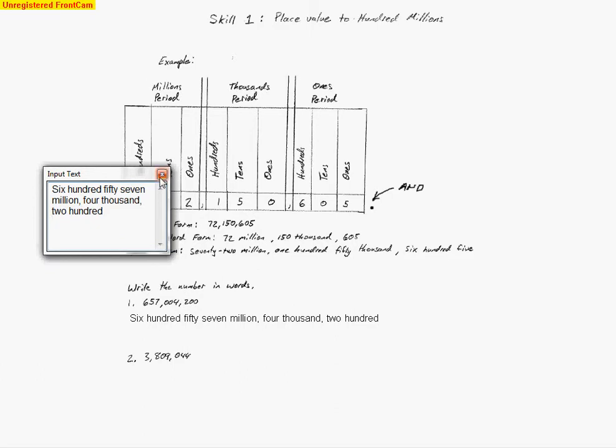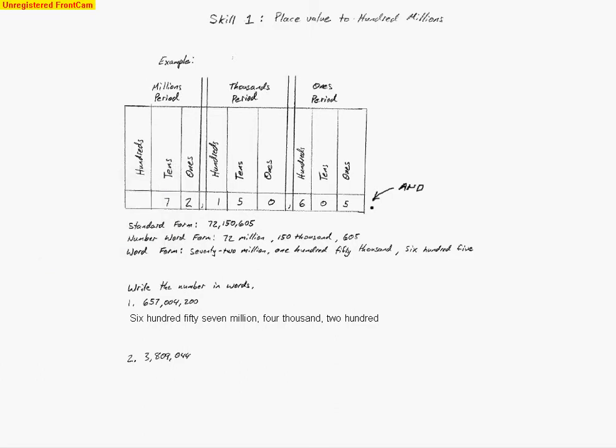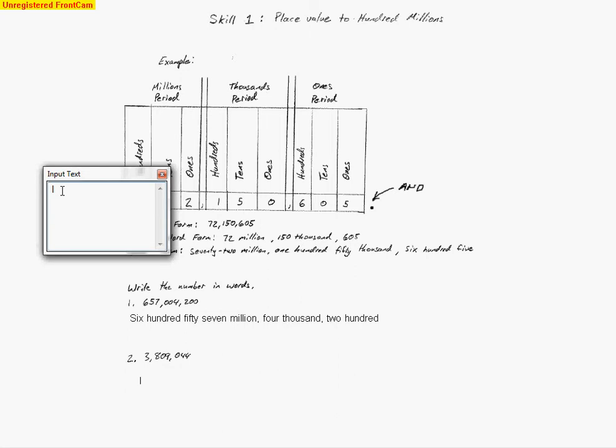Our next one, we've got a number just in the millions place. So let's make another text box here, and we'll start off by writing the 3 million. We're in the millions place, so we'll just write 3. And since we're in the millions place, we'll write millions. So we have 3 million. Now we've finished off that period, so we're going to press the comma and enter in the next number.